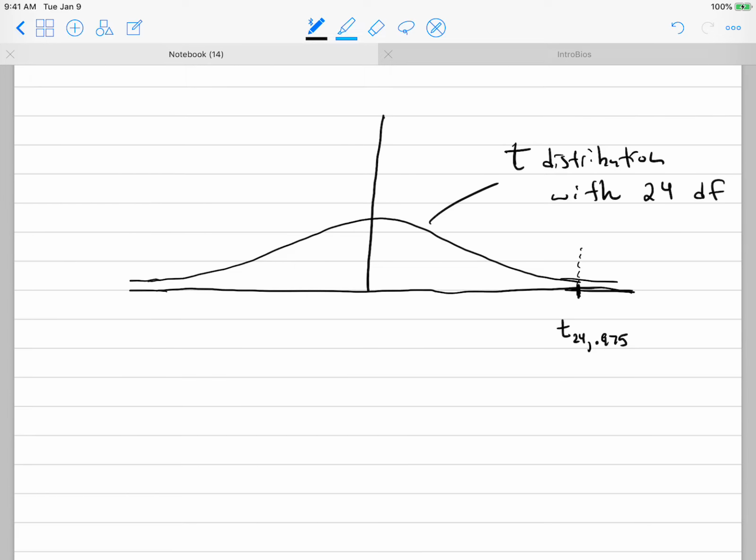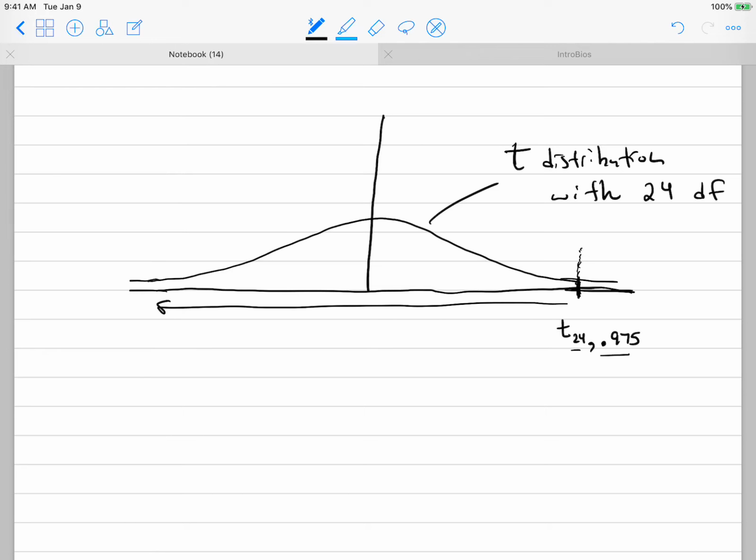Well, that means that 0.975 of the area underneath this curve, remember this is a distribution, it's a t-distribution, so it has an area of 1 or 100% under the curve. So what does that mean? It means that this particular quantity, t 24 degrees of freedom and 0.975, corresponds to this point such that all the area to the left of this is equal to 0.975.